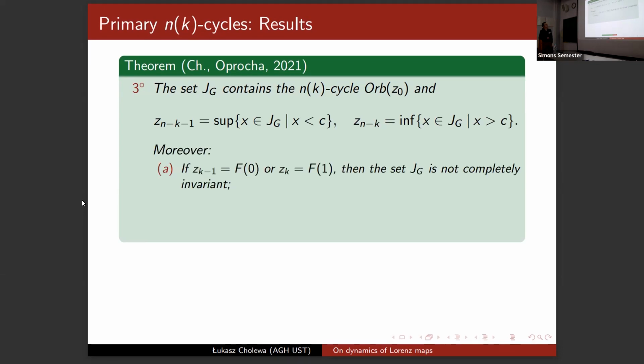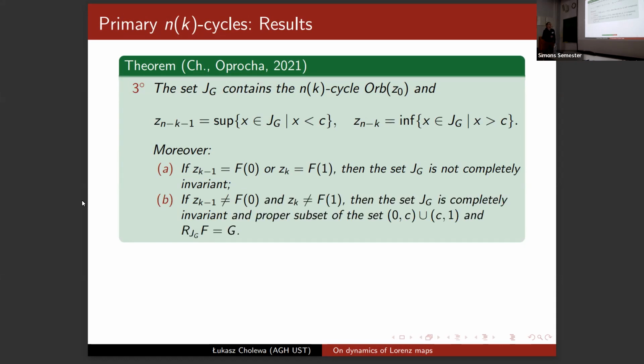And moreover, if the image of 0 and the image of 1 satisfy these conditions, or at least one of these conditions is satisfied, then the set JG is not completely invariant. But if I have these conditions, then the set JG is completely invariant and a proper subset of [0, C], [C, 1]. Okay, so this is a nice thing.